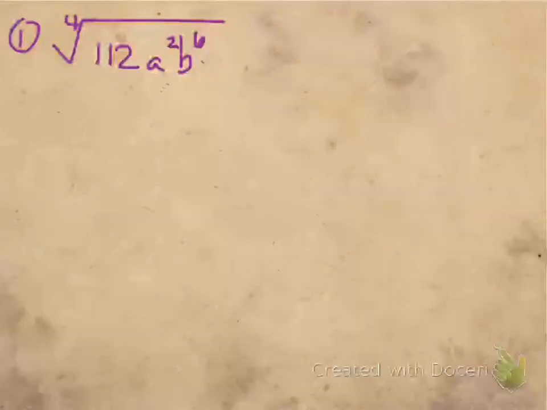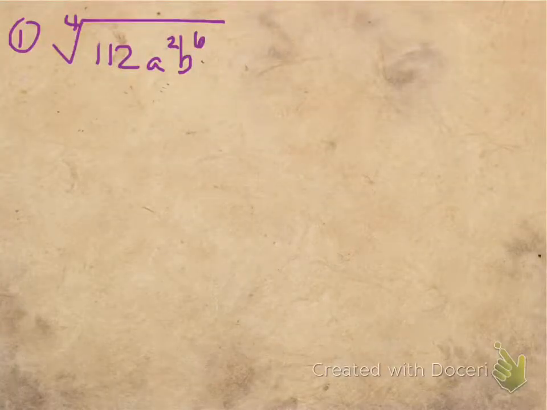We have the 4th root of 112 a squared b to the 6th.